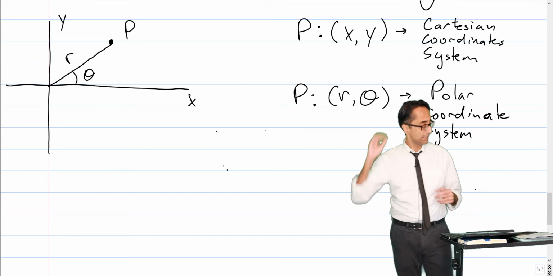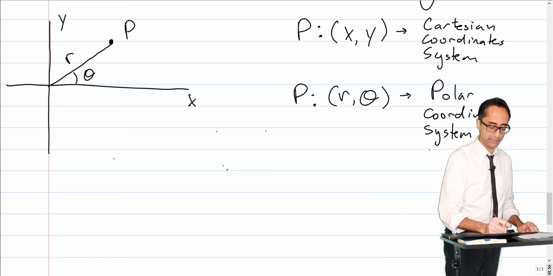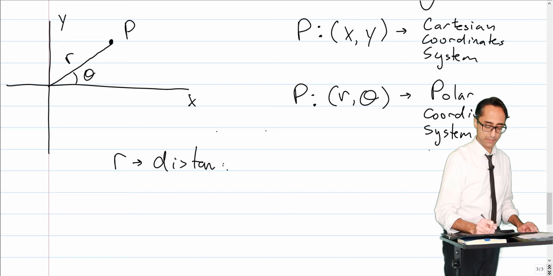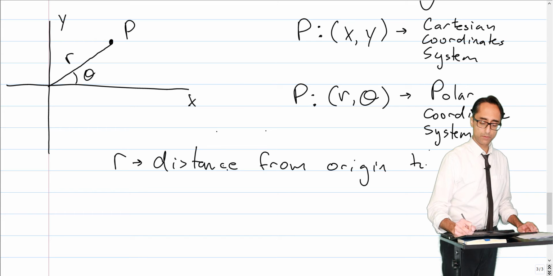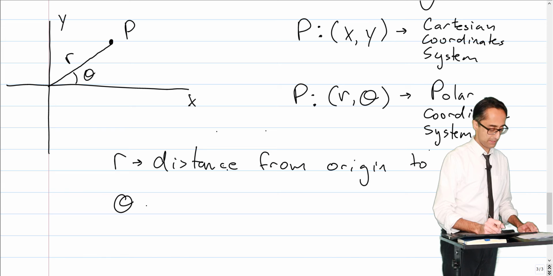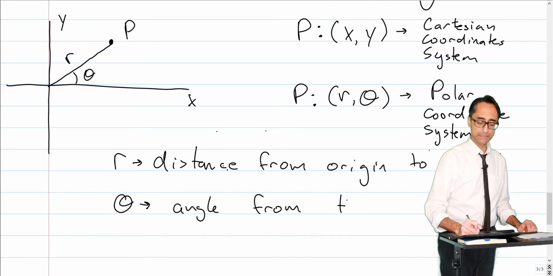Again, R is, let's write this down, the distance from the origin to our point. And our theta is going to be the angle from the positive x-axis.